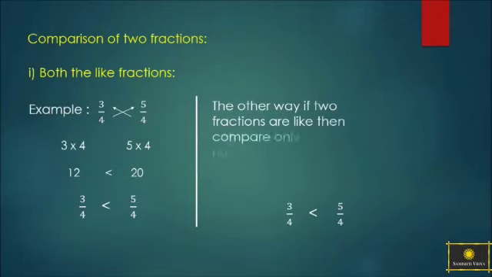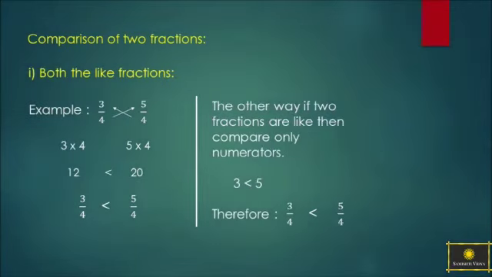That is 3, the numerator of the first fraction, and 5, the numerator of the second fraction. So we know 3 is lesser than 5. So the first fraction, that is 3 divided by 4, is lesser than the second fraction, that is 5 divided by 4.